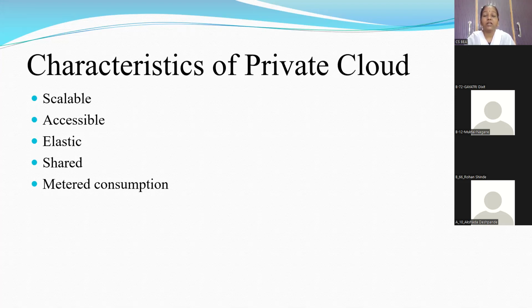Elasticity, or elasticness, of your private clouds is how much data you want to share and utilize out of that cloud. So that much access you have, as per users' requirements, you will get the access to your storage of data.